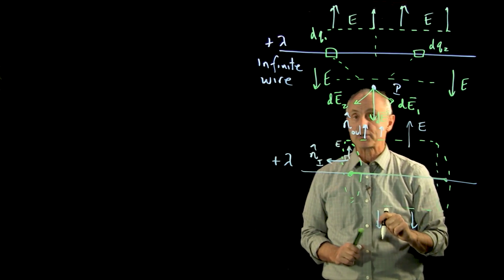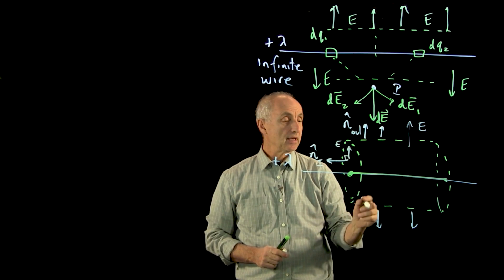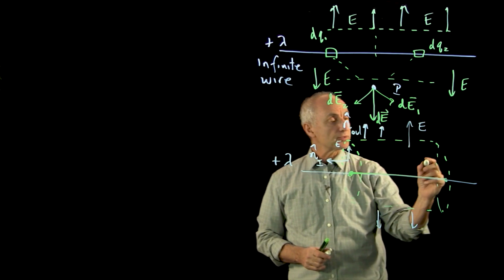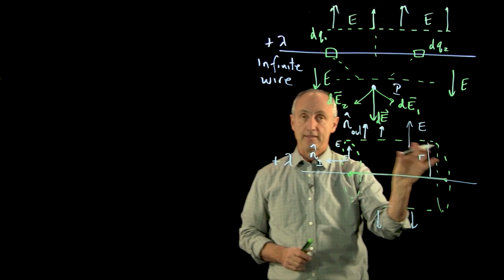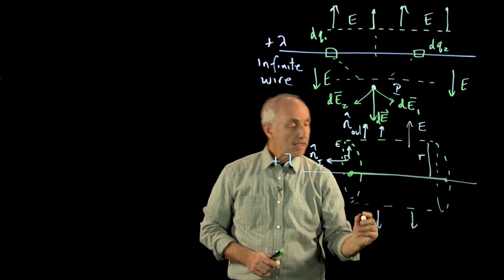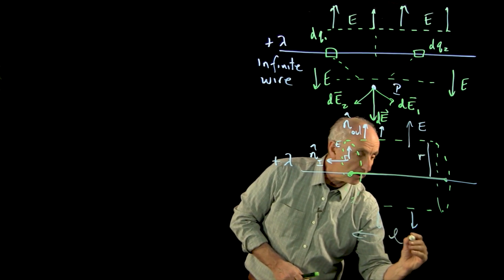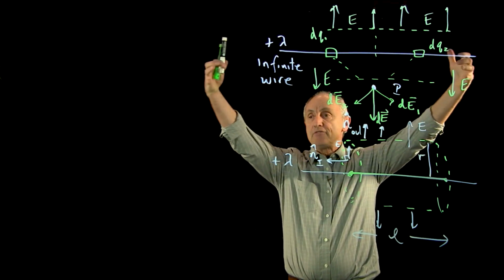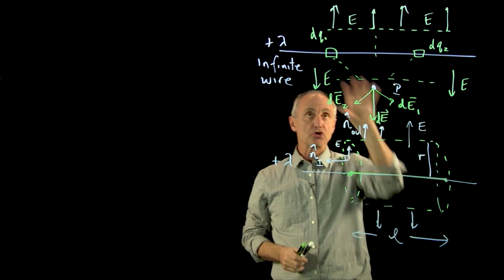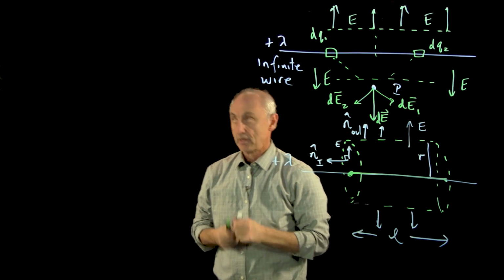This is exactly opposite the planar case. Now, let's choose some parameters. Let's call the radius of the Gaussian surface r, and that will be our variable. And we'll call this the length L. Notice that I don't want to choose an infinite Gaussian surface because the charge enclosed would be infinite.